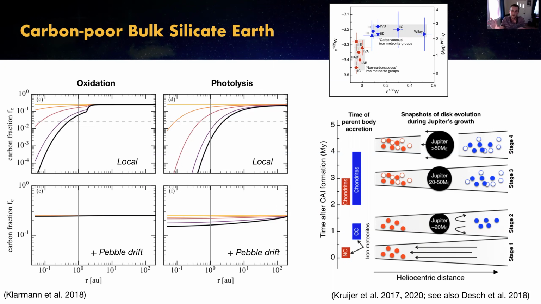Right. So maybe if Jupiter forms early, you can get into this upper panel and still get rid of some of the carbon. Another solution is to have sort of transient heating events where even the midplane around an AU gets warm enough to sublimate some of the carbon.